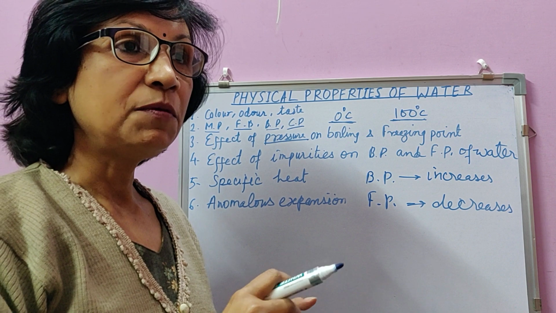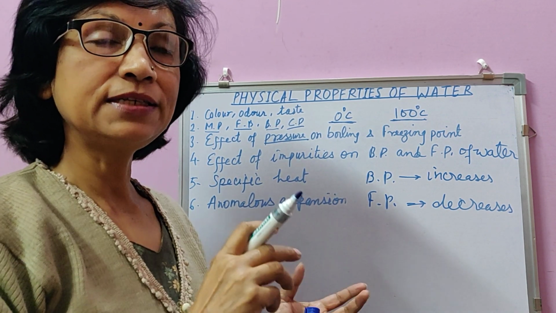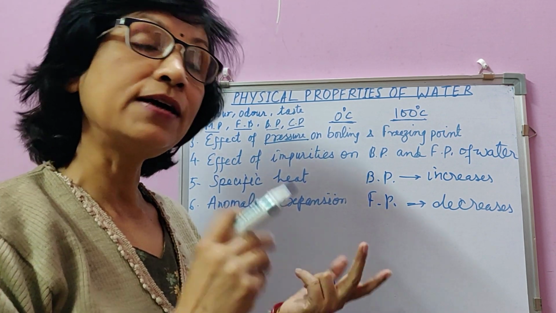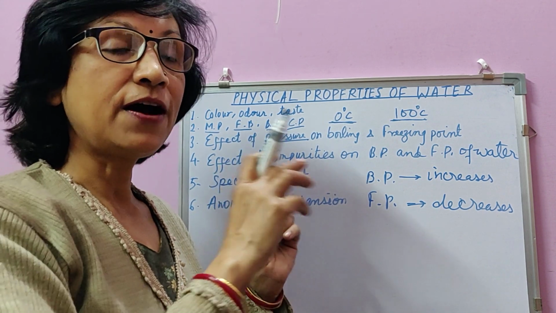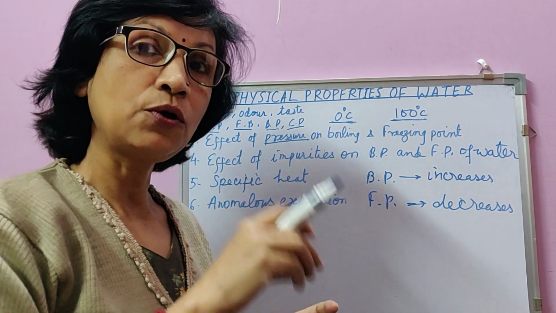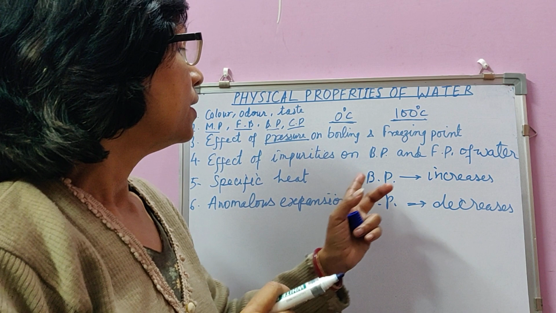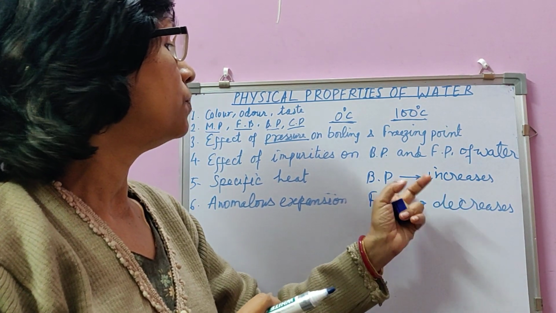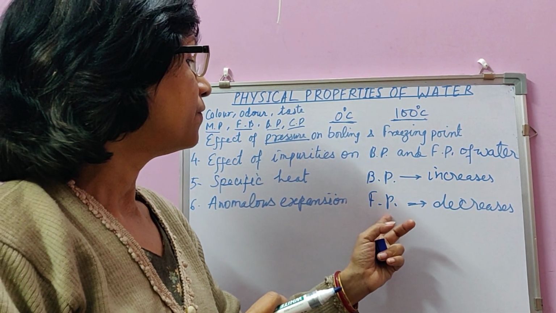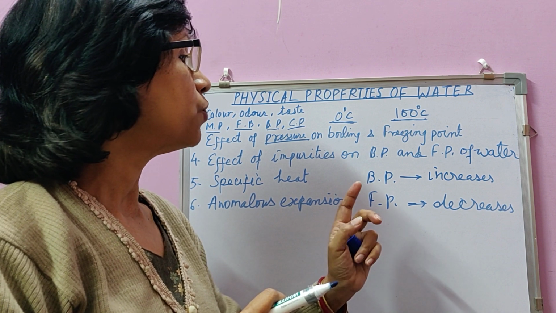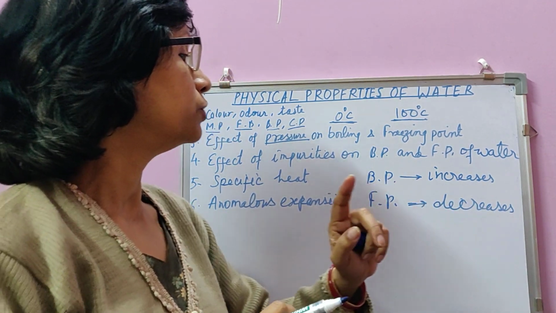That's why when we put salt in the food being cooked in the starting only, then food gets cooked faster in comparison to if after boiling and cooking we add the salt afterward, because impurities increase the boiling point of water, whereas the effect on freezing point is just opposite.